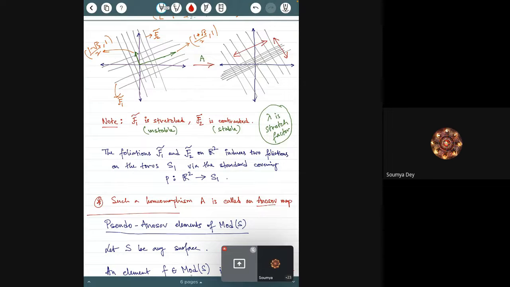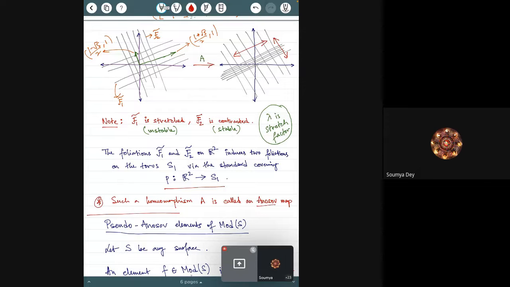Now you notice that we have the standard covering map from R2 to the torus, right? From R2 you can go to the torus by the standard covering map. Let us call that P. Now it can be checked that if you look at the foliations above in R2 and you project them to the torus, it will give a foliation on your torus also.